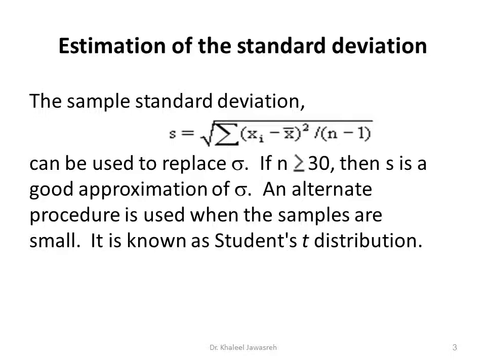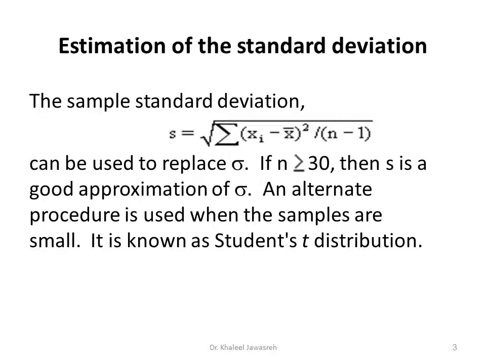So if n is greater than or equal to 30, then S, which is the standard deviation, is a good approximation of sigma. An alternative procedure is used when the population variance is unknown. It is known as the student t-test. This is the main formula, just to replace sigma with S. S is calculated from the samples drawn from the whole population.